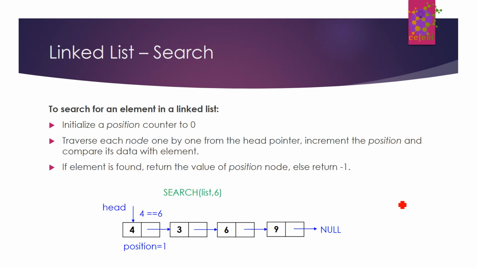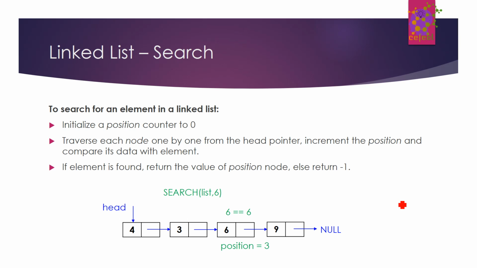We'll see that 4 doesn't match with 6. Next we will again increment position to 2. We'll compare 3. There is no match. Then next we will move a position is 3, and we will see that there is a match, 6 equals 6, and hence we are done. So we will now return the value 3, and that's what it is. So 3 is the output of the search.